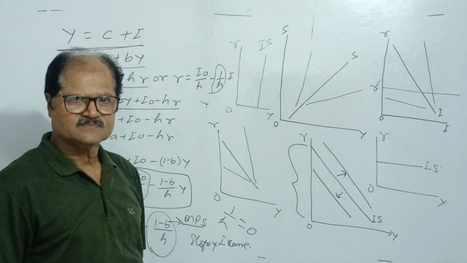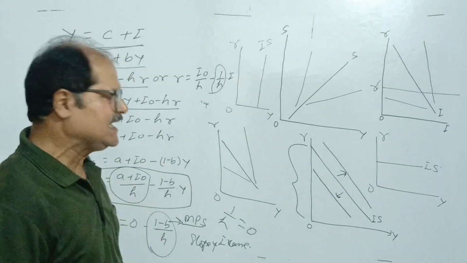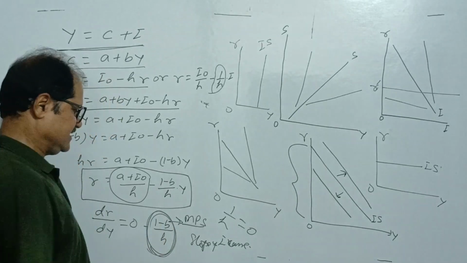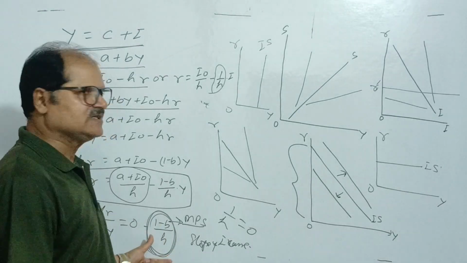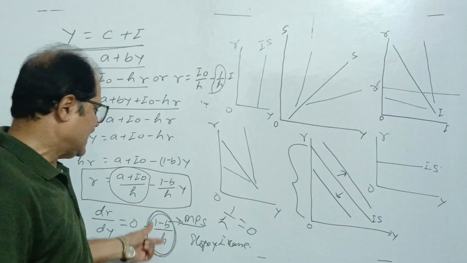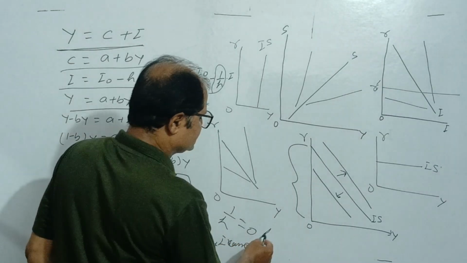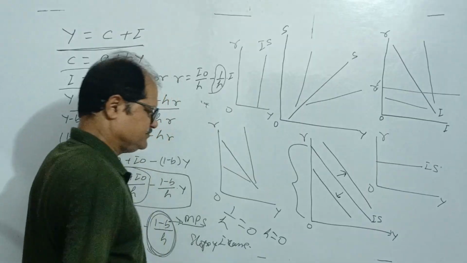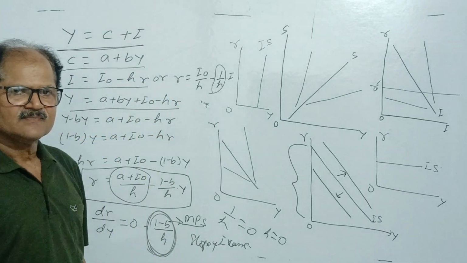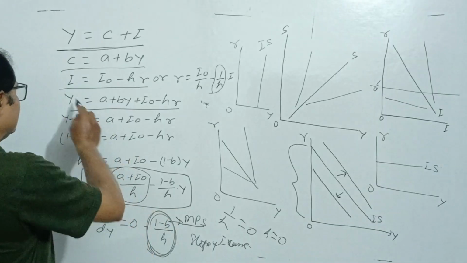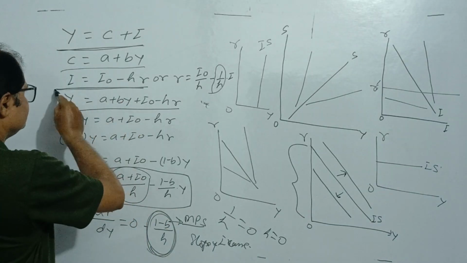Now, the second condition, in which the IS curve can be vertical. To have a vertical IS curve, obviously this must be infinite, and this can be infinite only when h is equal to 0. And if h is equal to 0, it means that investment is fixed.